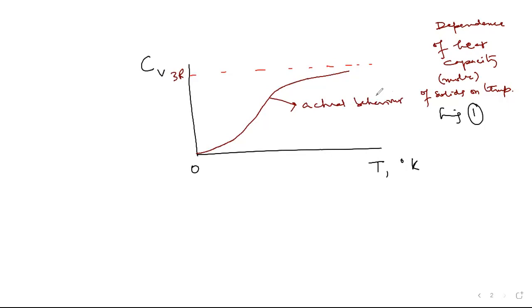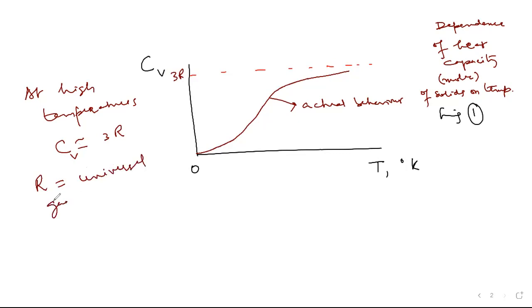You can see at high temperatures, the value of CV is close to 3R, where R, as you know, is the universal gas constant, right?